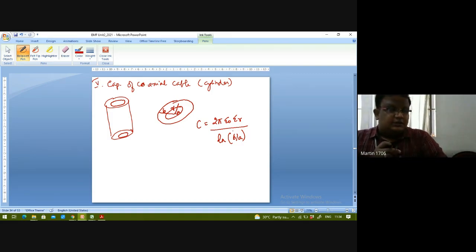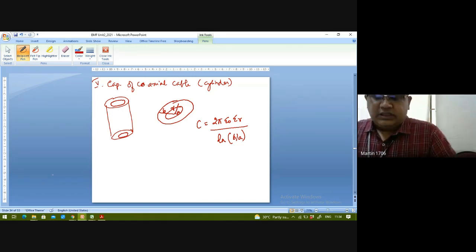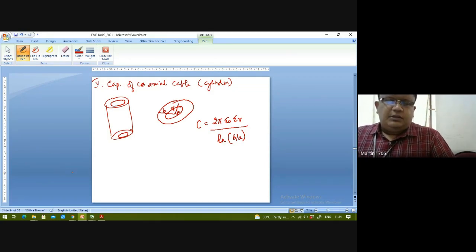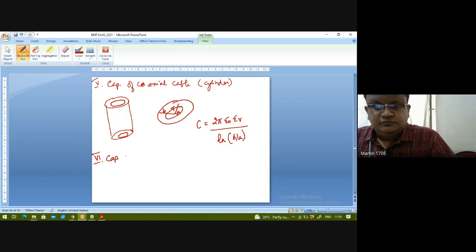Similarly, the next one is the parallel plate capacitor, or the transmission line. In a general transmission line, the capacitance effect is one of the predominant ones when we go with an alternating current element. So the fifth one is the capacitance of parallel plate transmission lines.